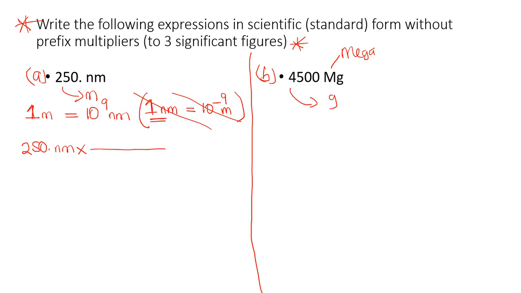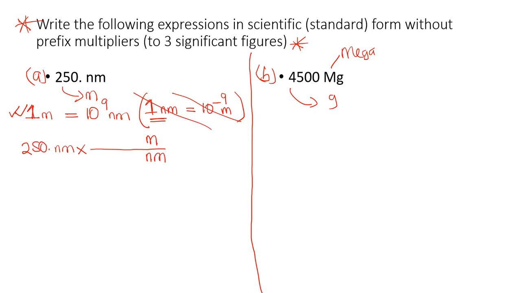Because I have a nanometer here, I am using this information: 1 meter is equal to 10 to the 9 nanometer. I'm going to put a nanometer down here, which means at the top, I will put a meter.